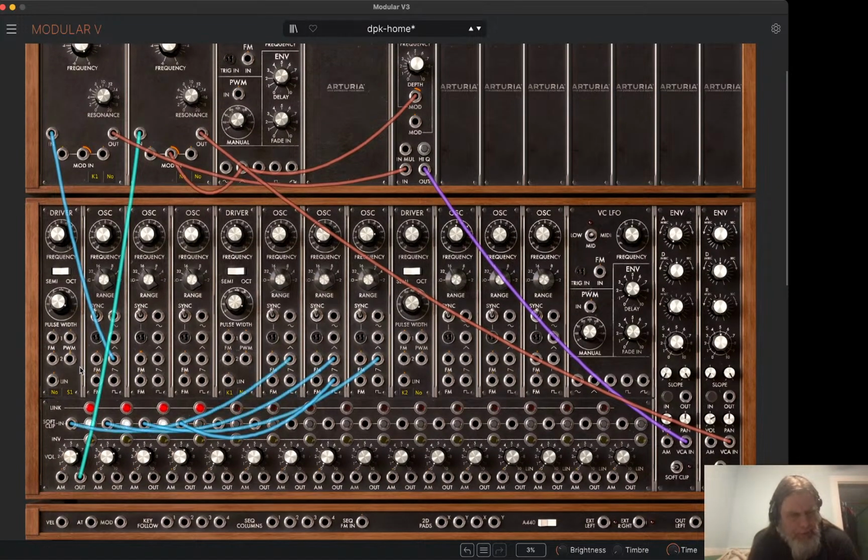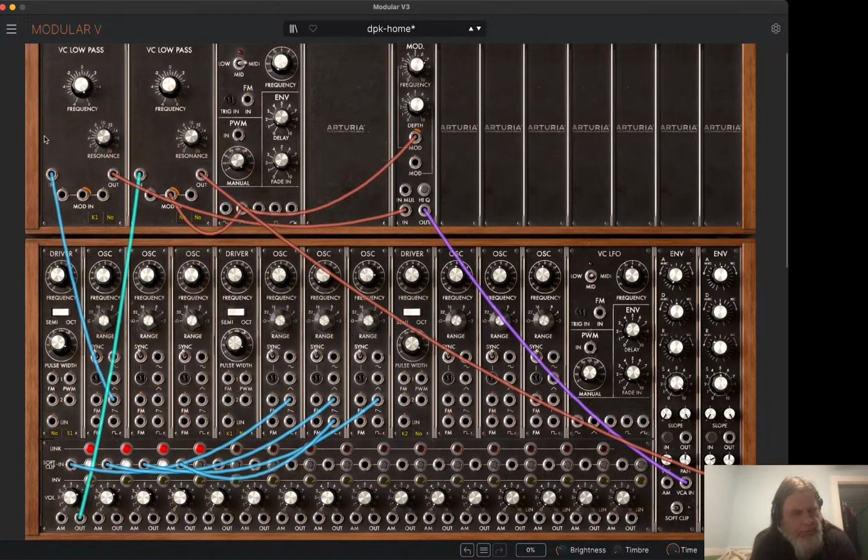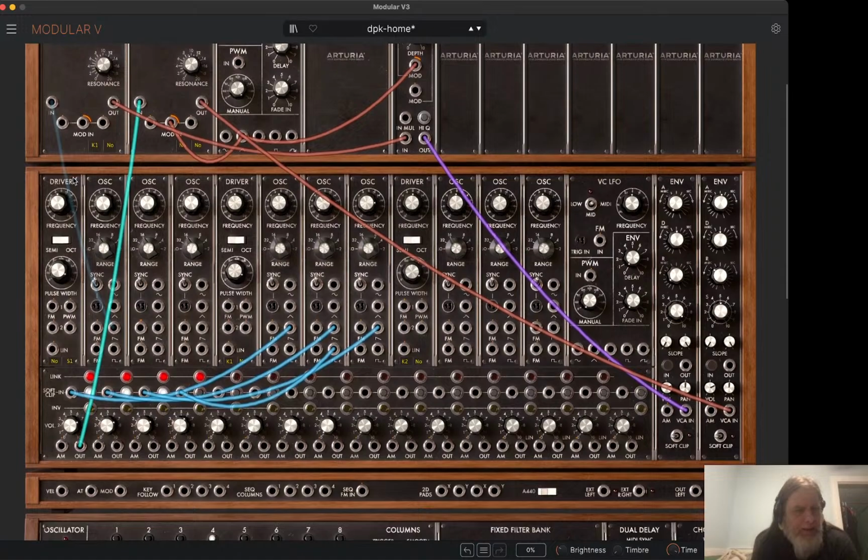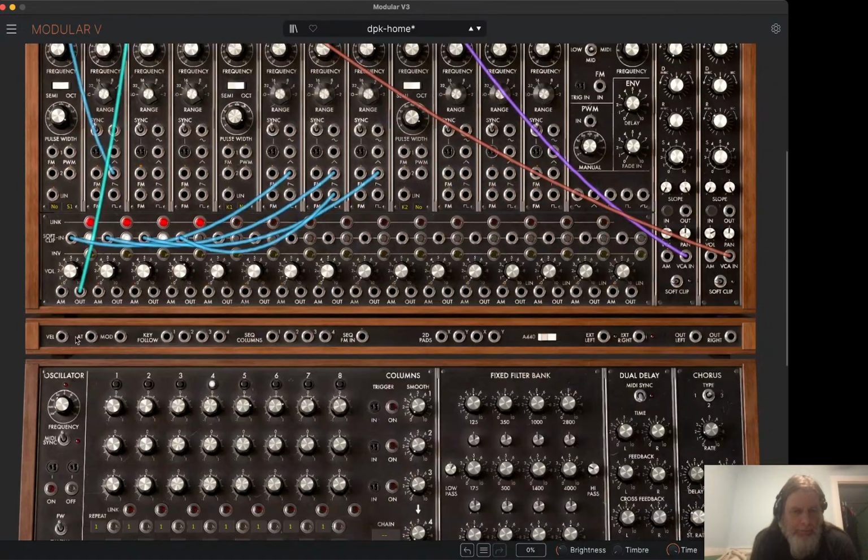We've got a few banks of oscillators in this modular synthesizer. That's what each of these three groups here are. For one group, I've got it going through a filter or two, and that is being triggered by the sequencer down here.